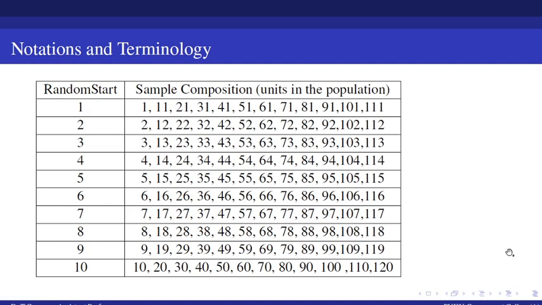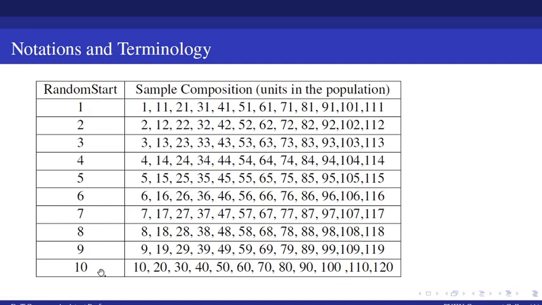To understand systematic sampling, here is an example. Let us suppose there are 120 units in the population. Our population size is 120. Here, first we divide the total population into k groups. Let us suppose that k is 10. Then our sample size small n is capital N by k, so the sample size small n also decides the k.